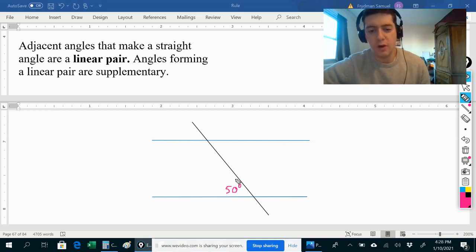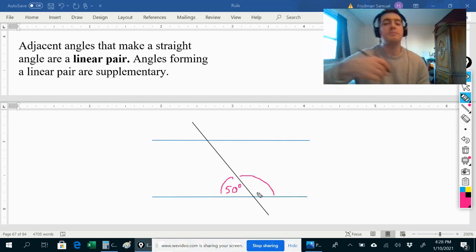What do I know about this angle and this angle? Well, I know that this angle and this angle together form a straight angle. These angles are a linear pair. Together they form a straight angle, and that means they must add up to 180 degrees.